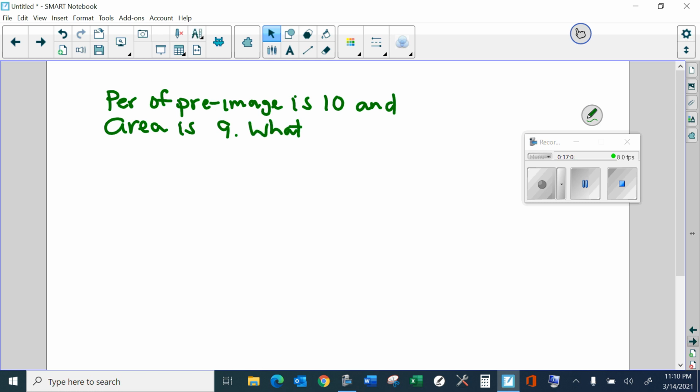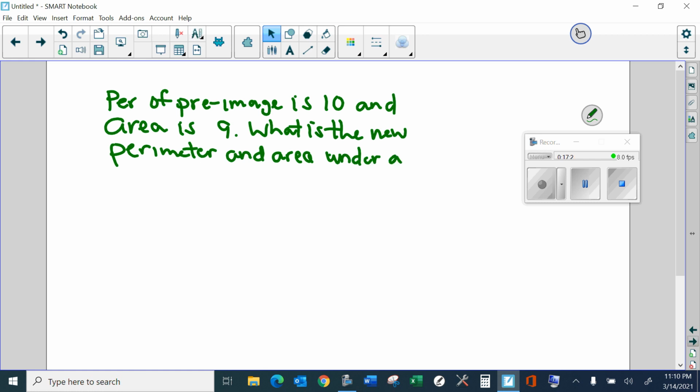What is the new perimeter and area under a dilation of 3? Remember, capital D sub 3 means dilation of 3, scale factor 3.